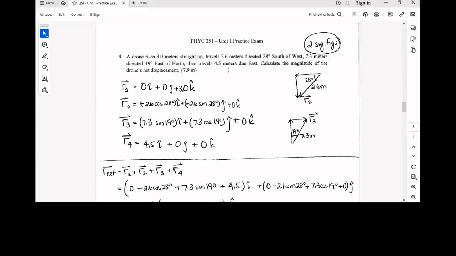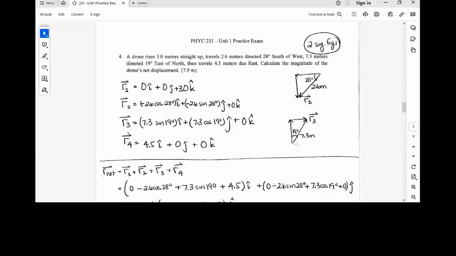Likewise, for maneuver 3, 7.3 meters directed 19 degrees east of north. First, I start with a vector that represents north, add one that represents east, and the angle that's subtended is the 19 degrees. And I know that the hypotenuse is 7.3 meters, so I can split that into sine and cosine components just as I did before.